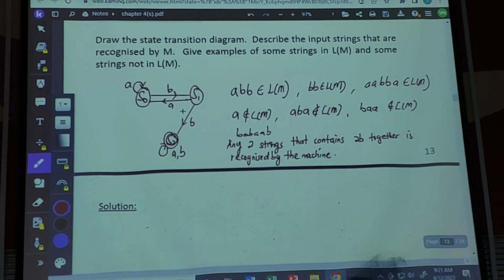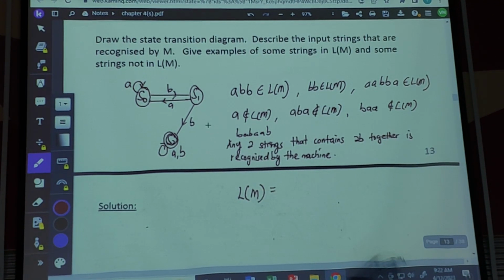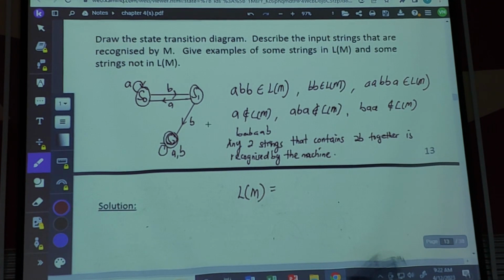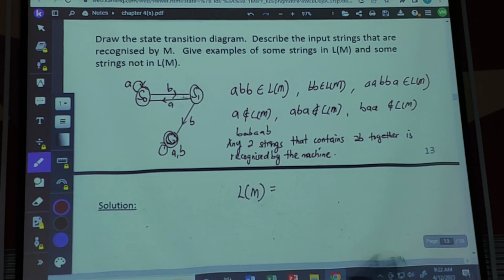Write it in a general format for LM. Like the LG in your master diagram, how do we write the LG? Do the same for this. Write in the regular expression format. Loop using the asterisk. You can put a bracket, you can put the alternative or. For this one, can you try to write?